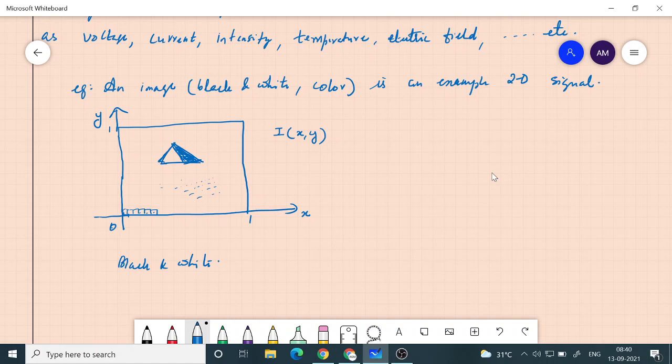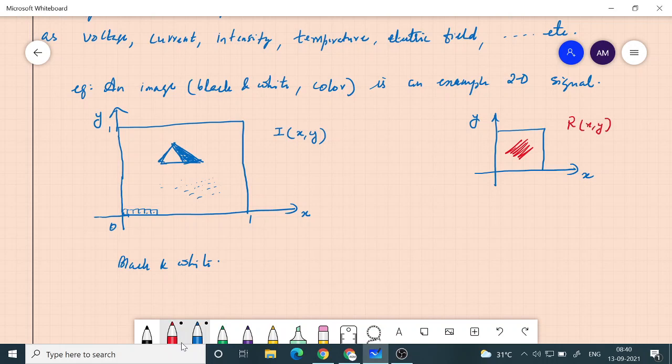In the case of color image, you have again x and y, but you have three things. So one is red, you have this component, and here I can write it as r as a function of x and y.